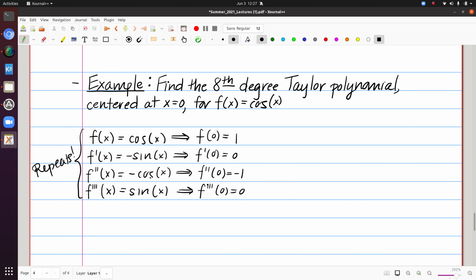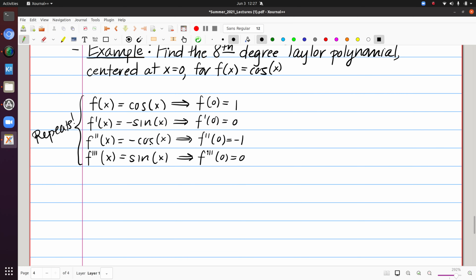So what that tells me about my Taylor polynomial is that T sub 8 of x is going to be f of 0 plus f prime of 0 times x. Now, f prime of 0 is 0, so in my polynomial I won't have an x to the first power term. Its coefficient was 0. And the next coefficient is negative, so maybe let me write this as 1 minus 1 over 2 factorial, and that's the coefficient of x squared.